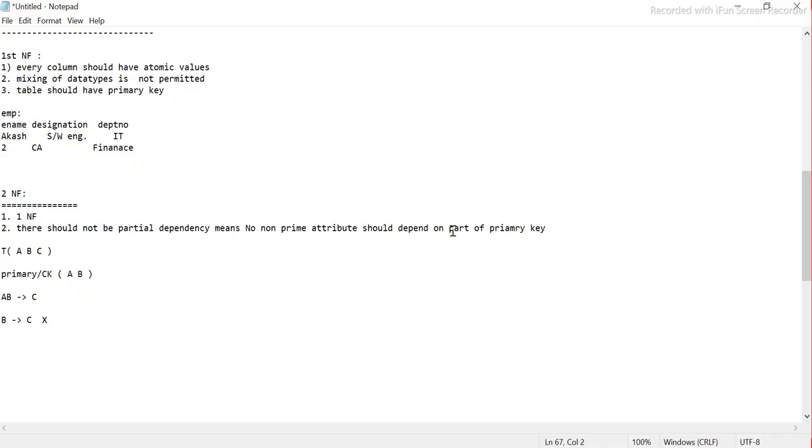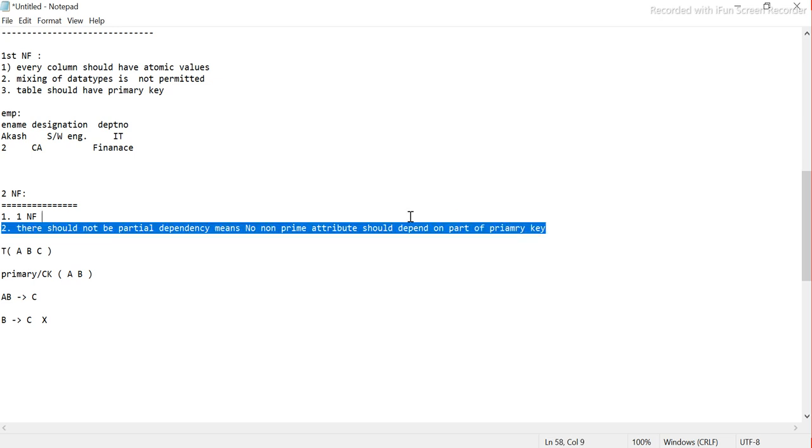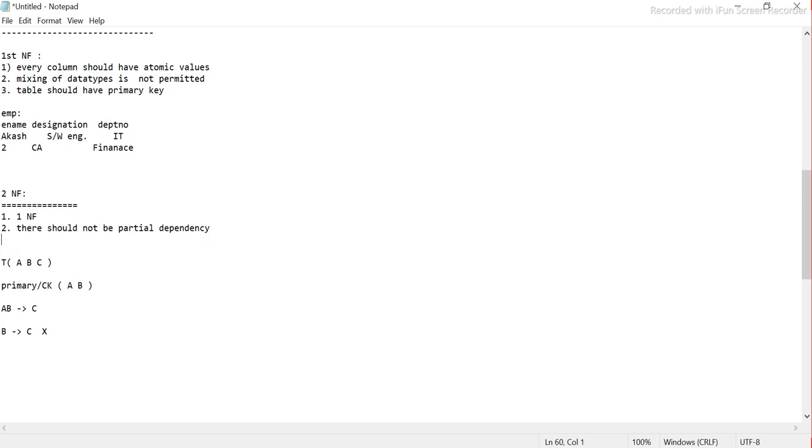I would say it like this: each non-prime attribute, or you can also say non-key, same thing, non-key or non-prime attributes are the same, should fully depend on the primary key.